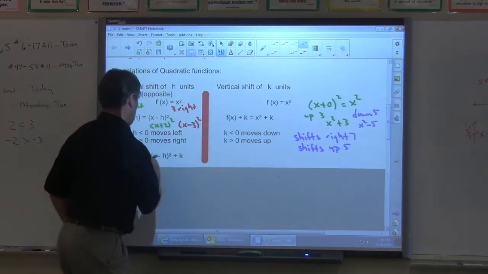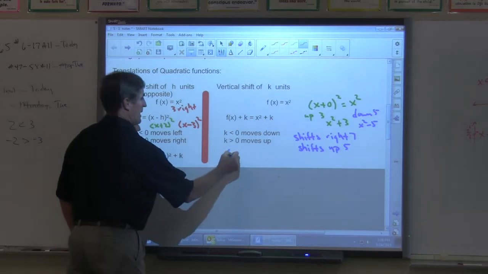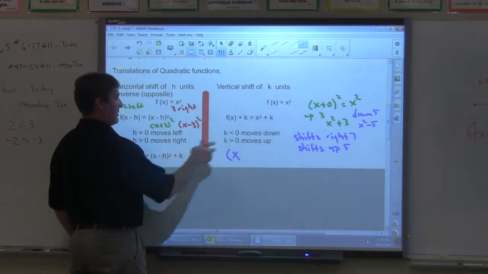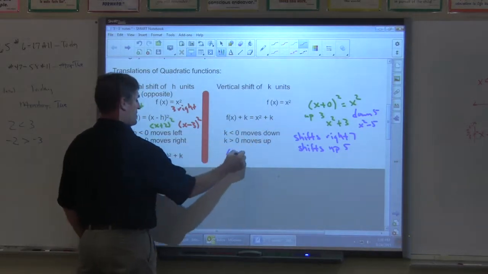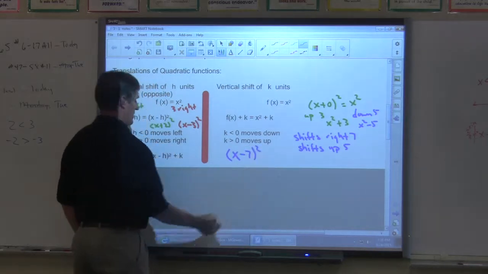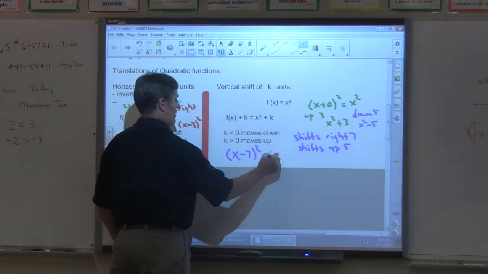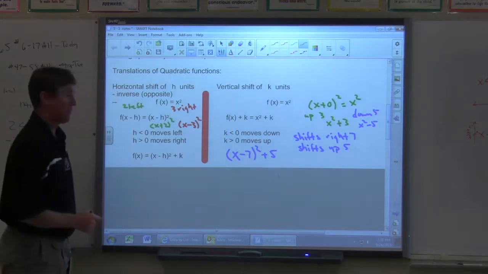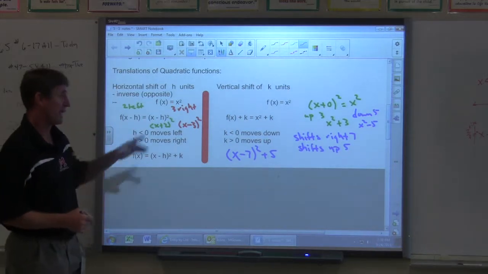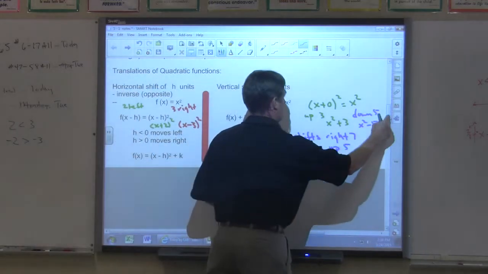So our equation, if we go back to here, would be x, opposite, right 7 is minus, so minus 7 squared, and then up 5 would be plus 5, and you'd have your function. So again, exactly like absolute value.